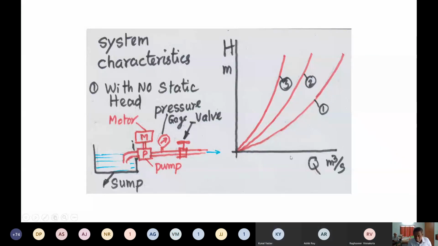So for a given discharge, the head required is more, or for a given head, the discharge will reduce. So the second position is the valve is closed a little more. Again, I repeat the experiment. I increase the speed, and for each speed, I note down the pressure gauge value. Some 10 readings I plot, I'll get curve 2. Another position also, I close it a little more so that I get curve 3. Now, if I completely close it, what will be the curve I'll be getting?